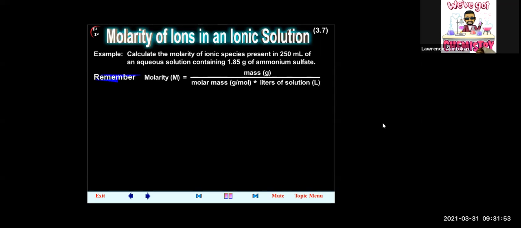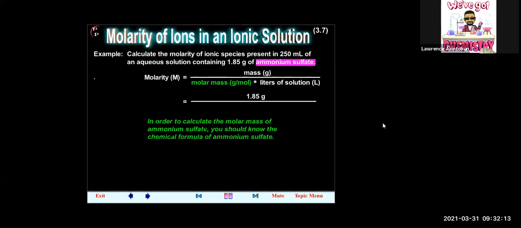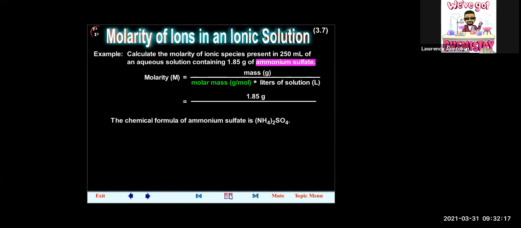Remember, molarity M is equal to mass in grams divided by molar mass in grams per mole times liters of solution, equals 1.85 grams divided by... The chemical formula of ammonium sulfate is (NH4)2SO4. Molar mass equals 132.1 grams per mole.